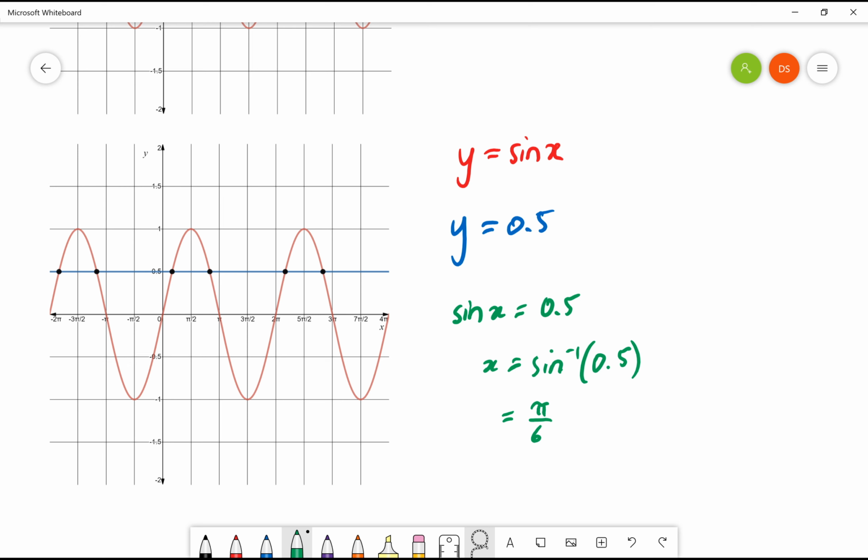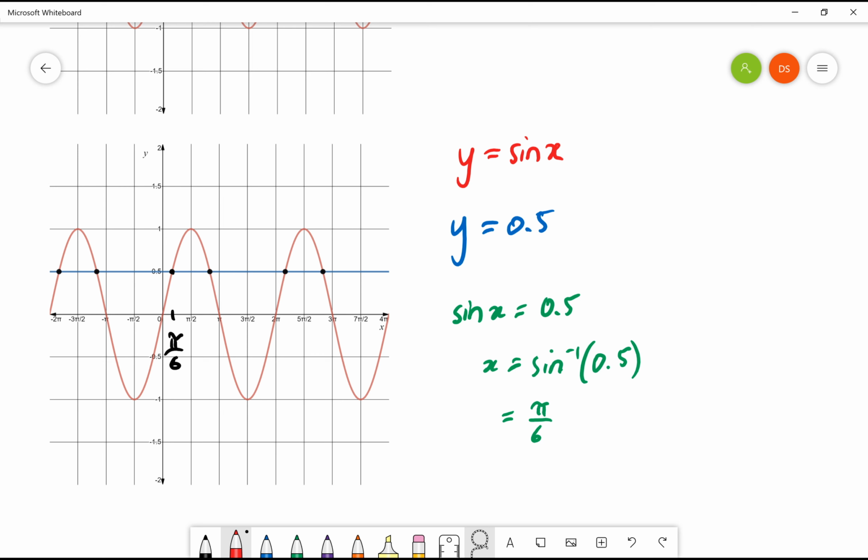And so this first solution happens at pi on 6. I'm hoping you can see the graphs clearly. If not, tell me to zoom in and I'll try zoom in. Okay, so this first solution happens at pi on 6. Now, I'll add 2 pi.